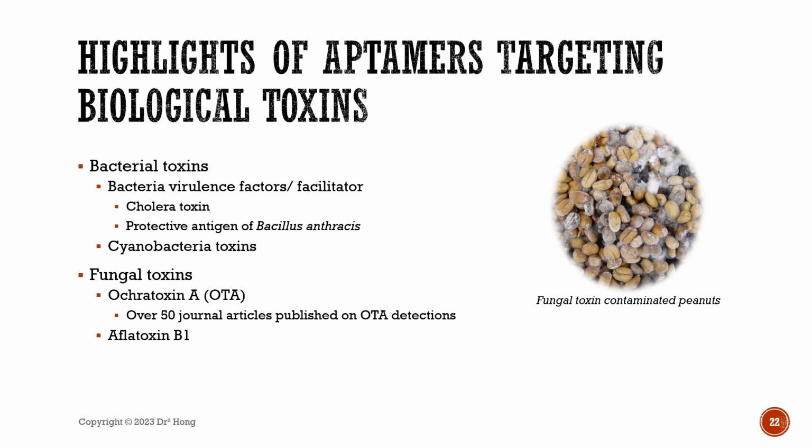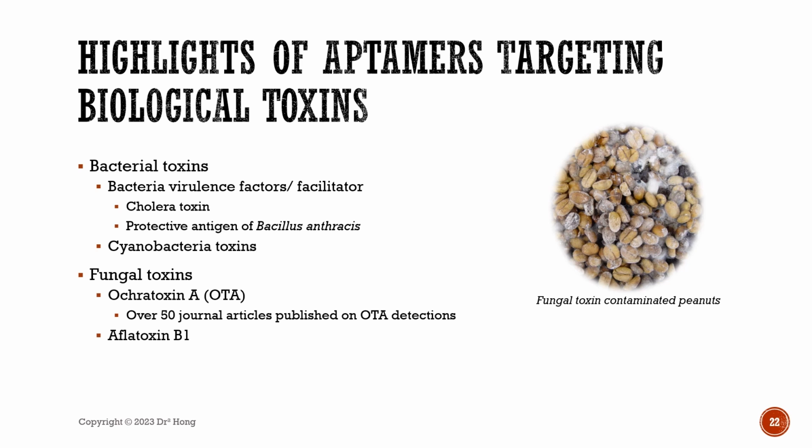Besides detecting the whole organisms, particular bacterial toxins and fungal toxins are also common targets. For bacterial toxins, major contributors such as cholera toxins and cyanobacteria toxins were frequently selected for aptamers. The idea is for rapid detection.